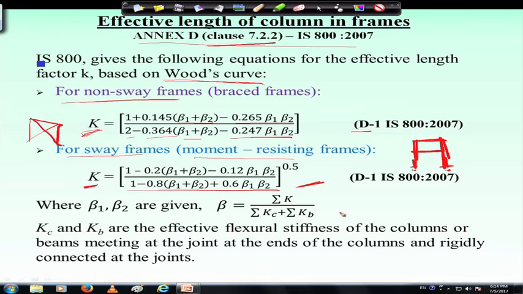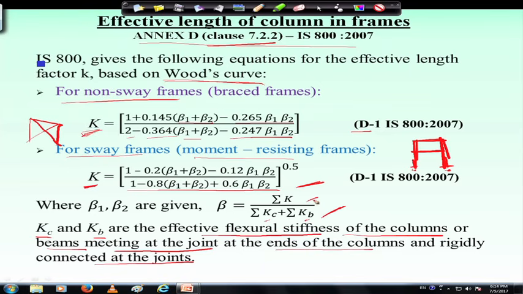Here beta 1 and beta 2 can be found from the stiffness of the column and the stiffness of the flexural member. Kc and Kb are the effective flexural stiffness of the column and the beam respectively, meeting at the joint at the ends of the column and rigidly connected at the joint.